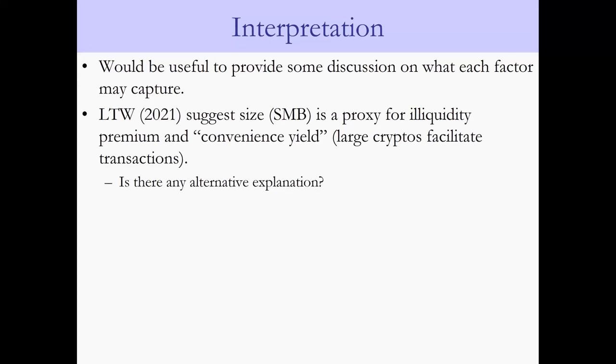For instance, in the Liu and co-author paper, they suggest that the size factor is a proxy for liquidity premium as well as convenience yield, in the sense that people like to hold large cryptos like Bitcoin in order to do transactions. So I wonder whether the authors agree with this kind of interpretation, or is there any alternative explanation for that factor?